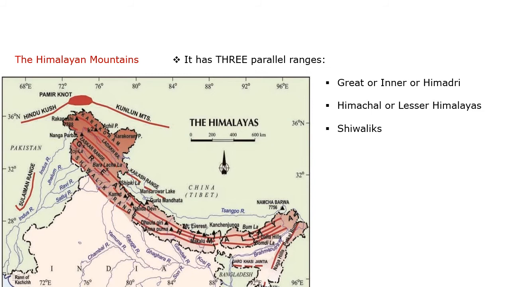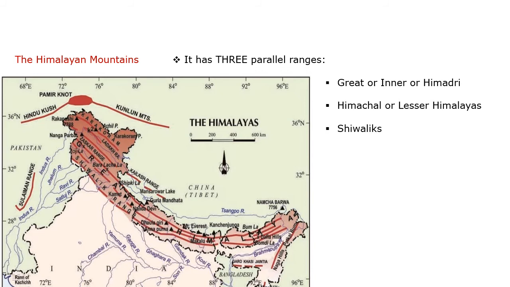And this Himachal is famous for its ranges. Pir Panjal is the longest range, and Dhauladhar and Mahabharat are the other prominent ranges. This Himachal consists of the valleys of Kashmir, Kangra and Kulu Valley in Himachal Pradesh, and it is famous for hill stations.